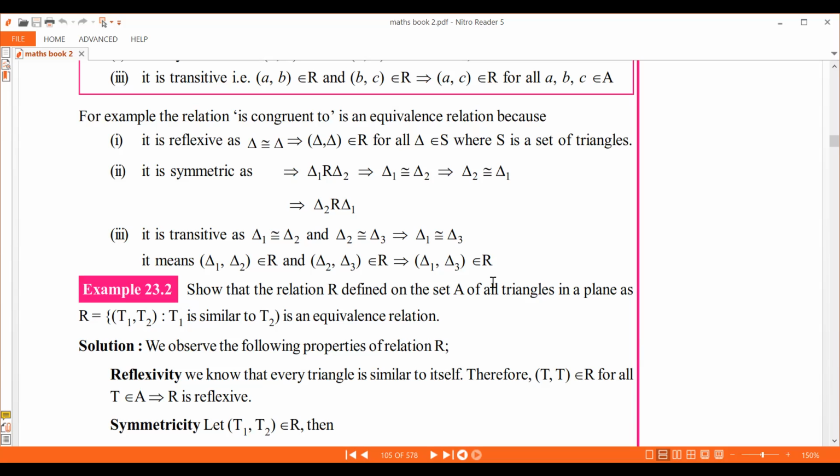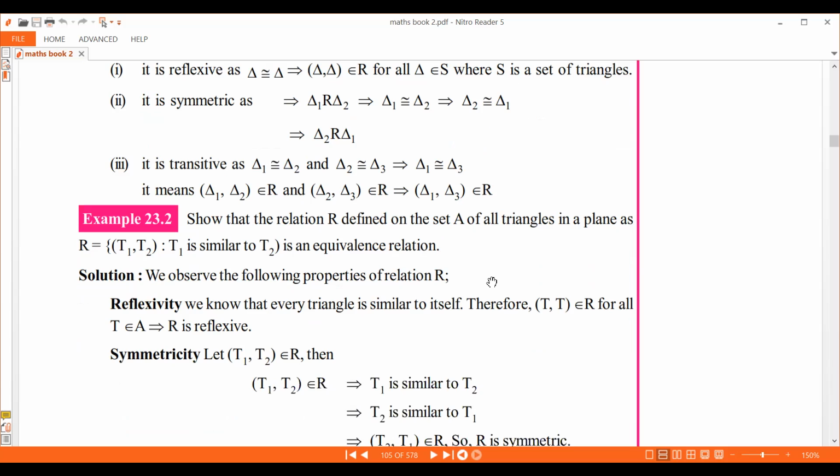If you swap them, it is there within the set. The third thing is also the same. Triangle 1 is congruent to triangle 2. Triangle 2 is congruent to triangle 3. So triangle 1 is congruent to triangle 3. So that's why it's an equivalence relation. Okay. Clear? Let's move on.